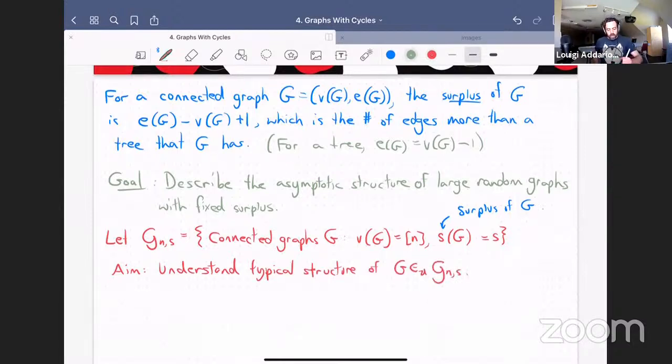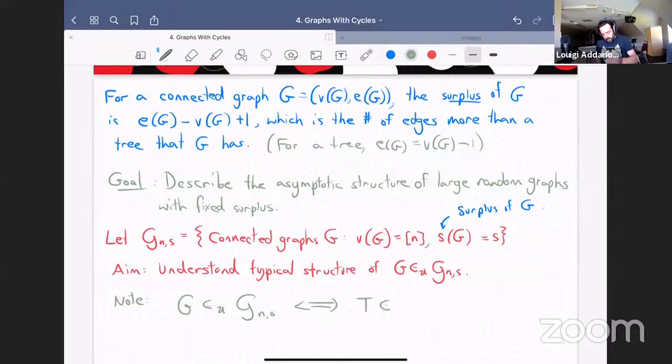Note that this setting is an extension of the setting of the previous three lectures, because if we take s equals 0, then that's just looking at connected graphs which are trees.